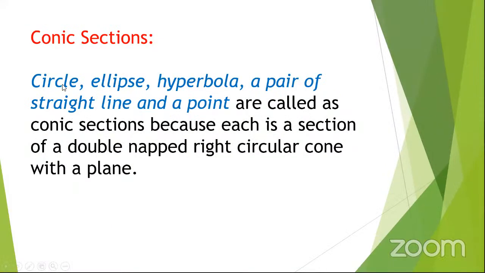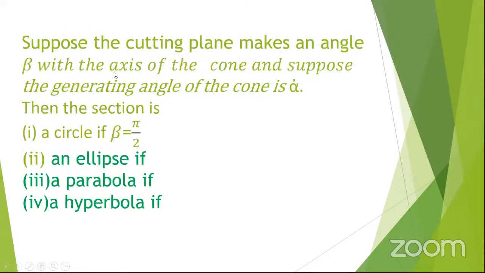I repeat, circle, ellipse, hyperbola, a pair of straight lines and a point are called conic sections because each is a section of a double-napped right circular cone with a plane. Suppose the cutting plane makes an angle beta with the axis of the cone, and suppose the generating angle of the cone is alpha.